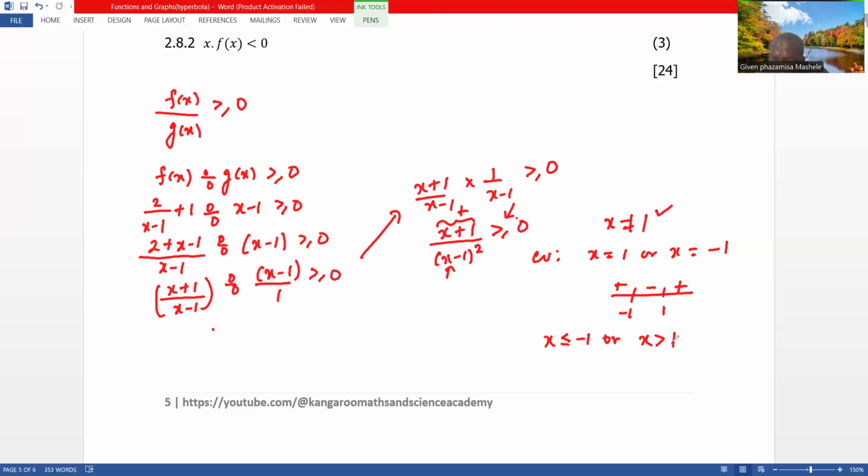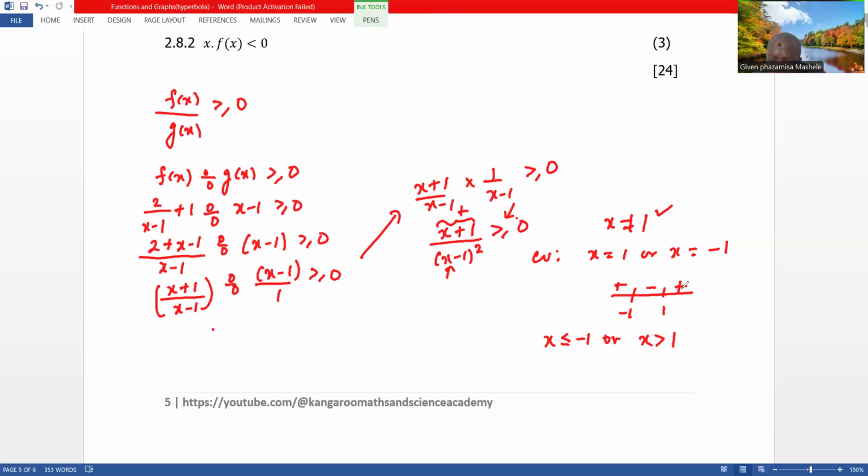Actually, why is it saying x plus 1 over x minus 1 divided by x minus 1? We change it to division. Okay, let's do this.